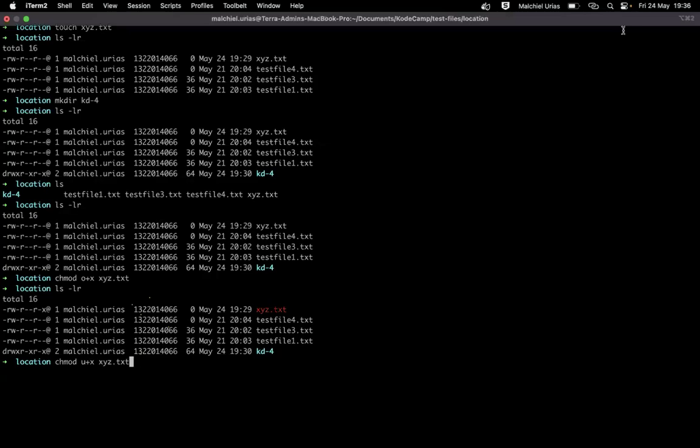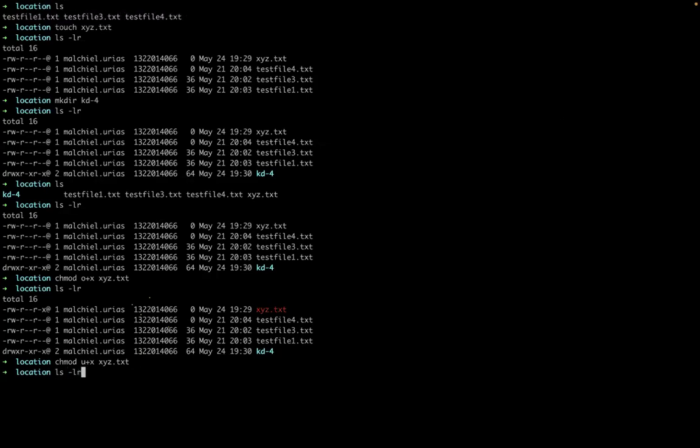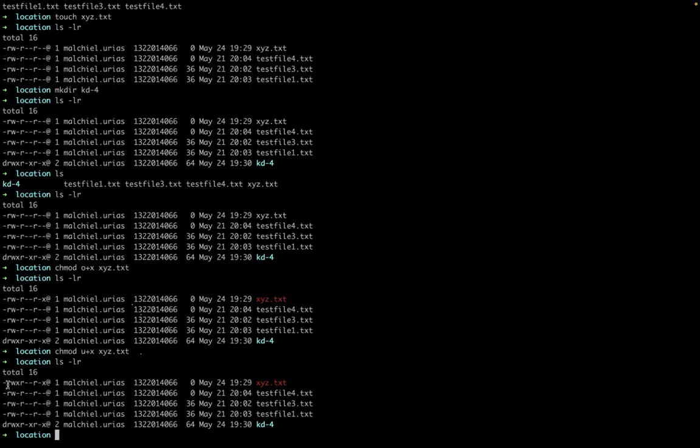Okay, so now we see that the user also has execution permissions. Now I want to remove this execution permission from others. I don't want them to be able to execute this file. Chica, what should I do?